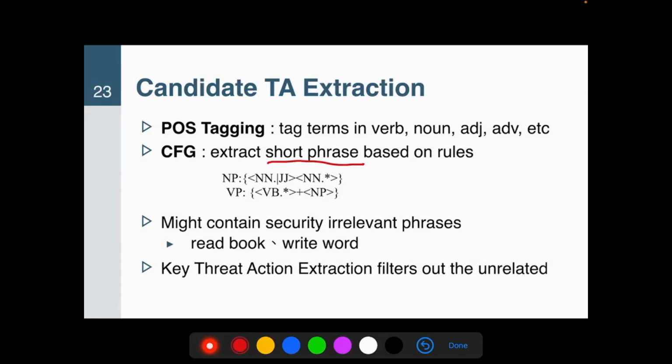So using the above rules, sometimes we might extract non-security-relevant phrases like read book, write words, which will be included in our candidate threat extraction. So that is why we need an extra step, key threat action extraction, to filter out those unrelated non-security phrases.